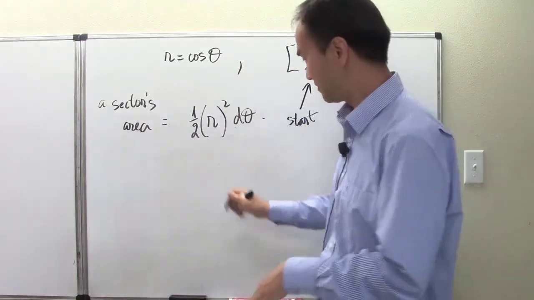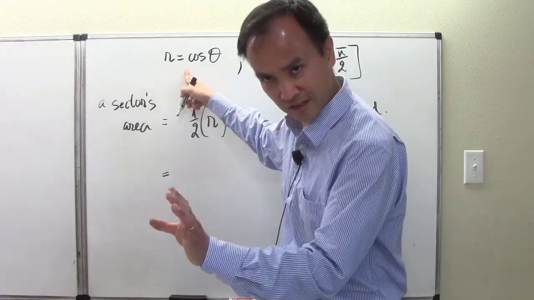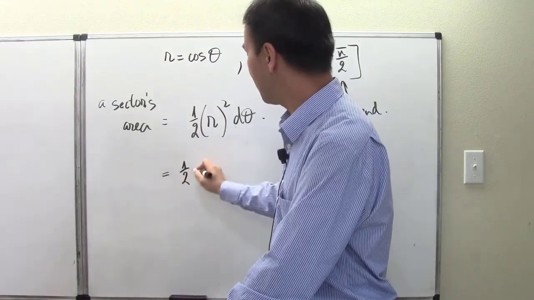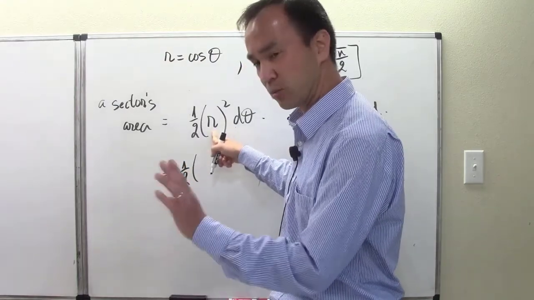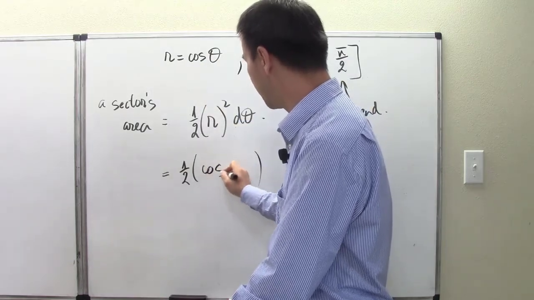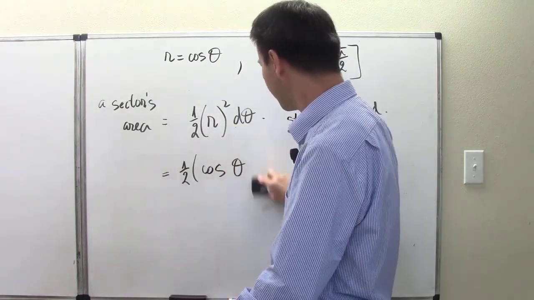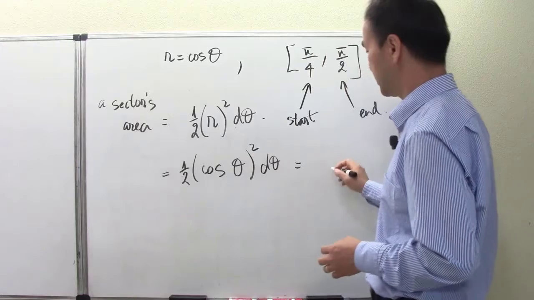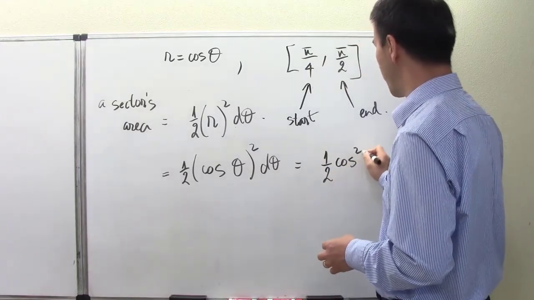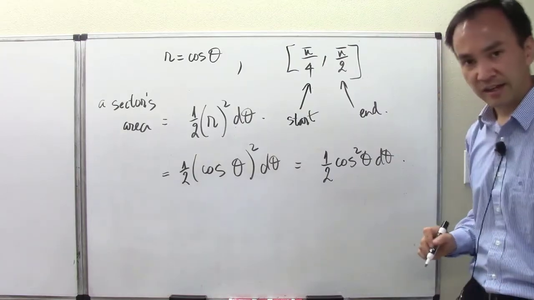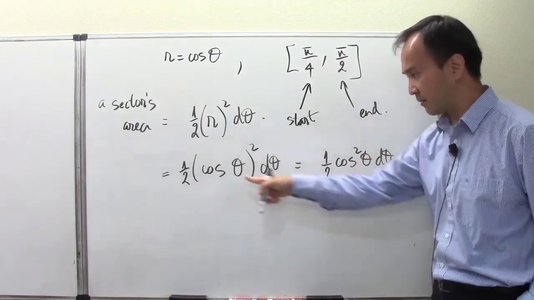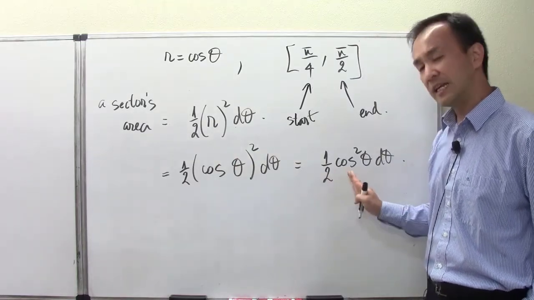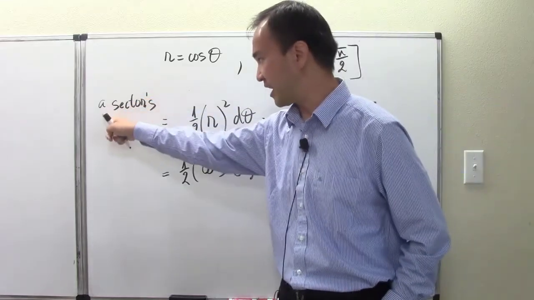For our polar curve, the radius is expressed as a function of theta, so we have 1/2 times cosine of theta, squared, with the d theta. Another way of writing this is 1/2 cosine squared theta, the traditional trigonometry expression. It's the same thing, just a more convenient way of writing it. That's the area for one sector.